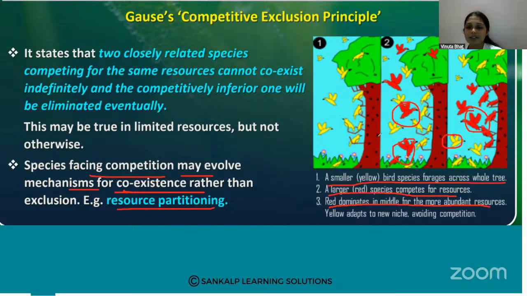According to the Gause principle, the yellow species should be eliminated from this area, but the yellow adapts to a new niche, avoiding the competition. Yellow birds then started feeding on other resources present in that area. That is called resource partitioning.